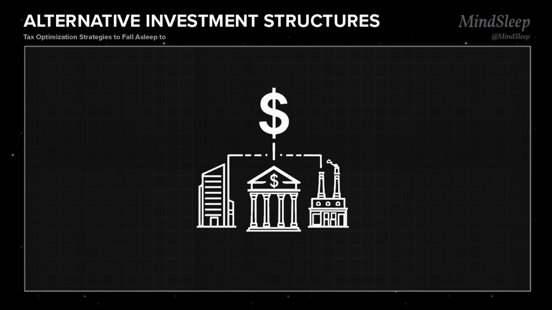As we consider the philosophical implications of alternative investment structures, we must reflect on their broader impact on the financial markets and society as a whole. These sophisticated investment vehicles have fundamentally changed the landscape of wealth management and capital allocation. On one hand, alternative investments have opened up new avenues for capital formation, potentially fueling innovation and economic growth.